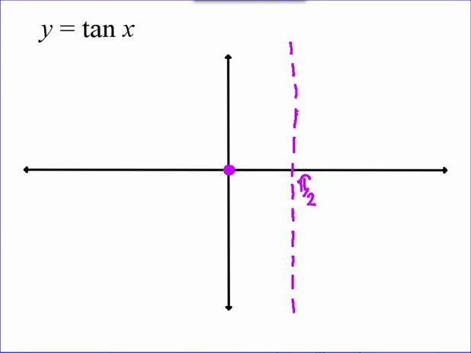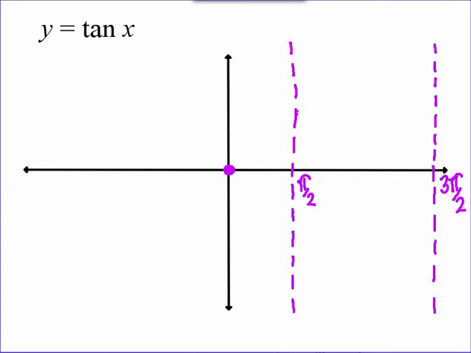Okay, it's undefined at pi over 2. It's also undefined at 3 pi over 2, and at 3 pi over 2, I'm also going to put a dashed line. So whenever something is undefined, we're going to put in an asymptote. And remember, an asymptote is similar to what? A barrier, an invisible boundary.